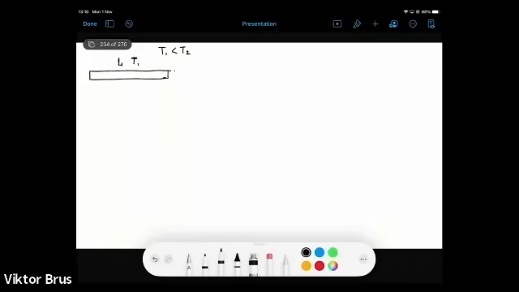That will cause some thermal expansion of this rod. That will be delta L, and that delta L will be proportional to delta T, which is equal to T2 minus T1. So it looks quite easy and straightforward.